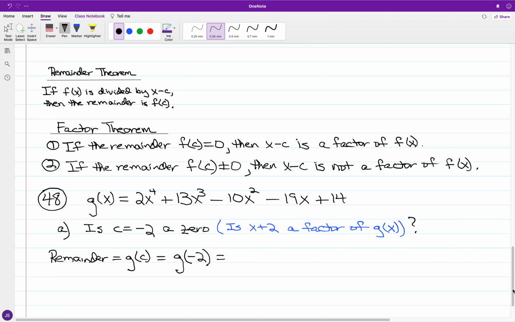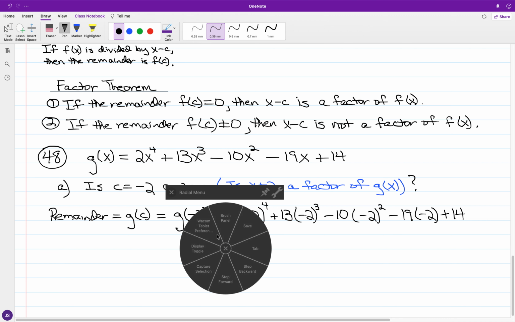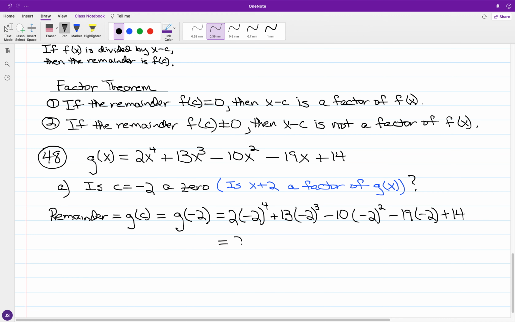So taking negative 2 and plugging in for x, the input is negative 2, and so we're going to have 2 times negative 2 to the 4th. Now we have plus 13 times negative 2 to the 3rd. And we have minus 10 times negative 2 squared. And we have minus 19 times negative 2 plus 14. Okay, so you have negative 2 to the 4th, that is going to be 16.